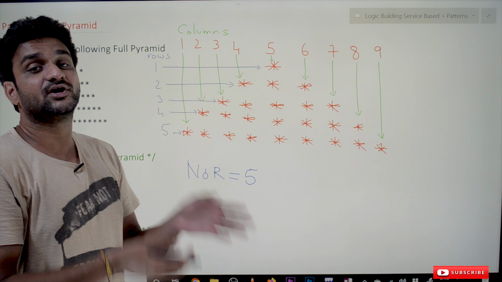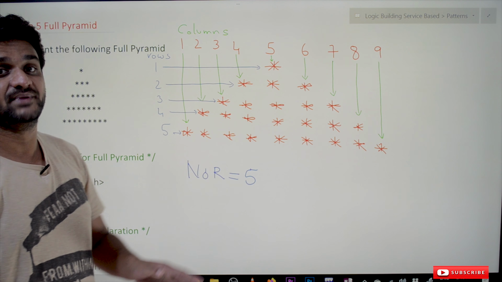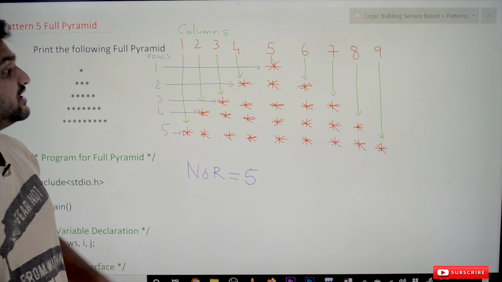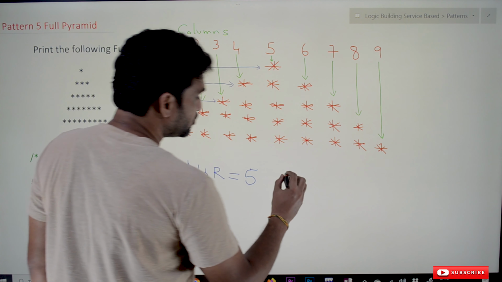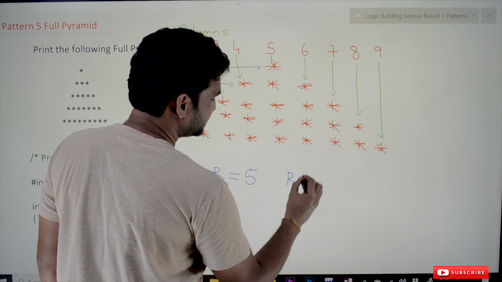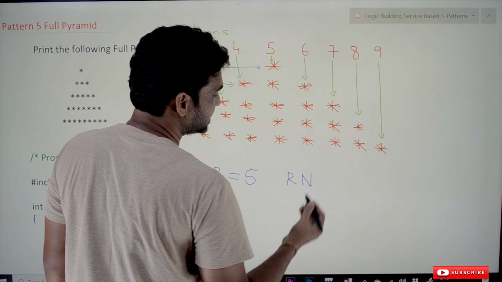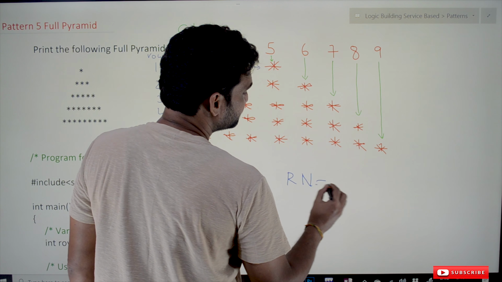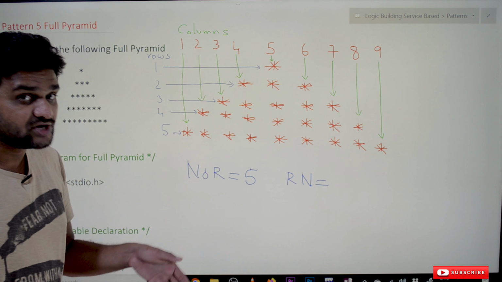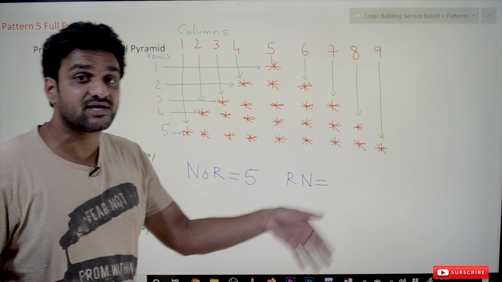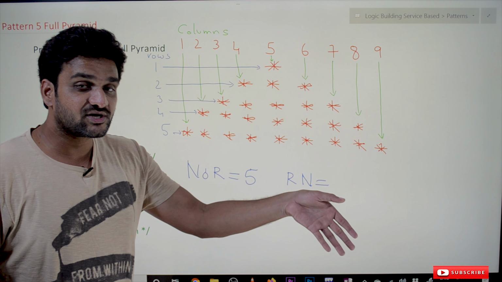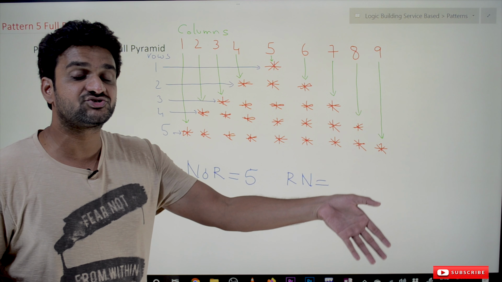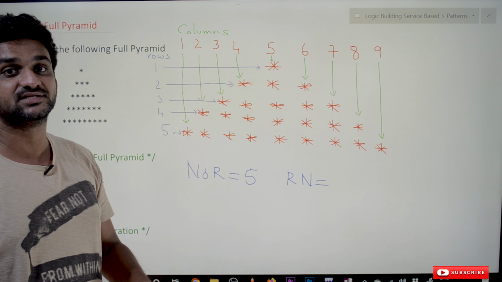Based upon that, we are going to construct the pyramid. And one more variable that we have to consider is row number. So let's take that variable as Rn. So row number is the row in which we are in that particular situation. If we are in the first row, that row number has to be considered.